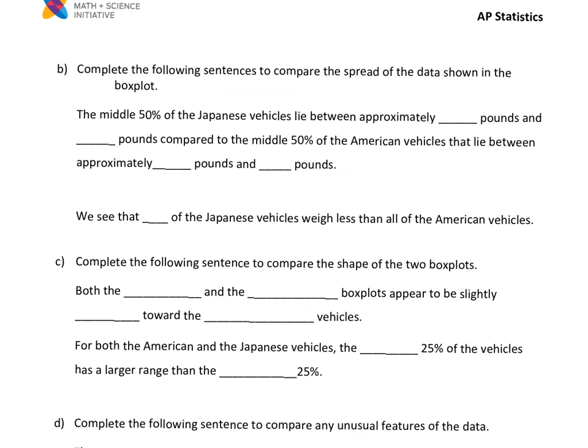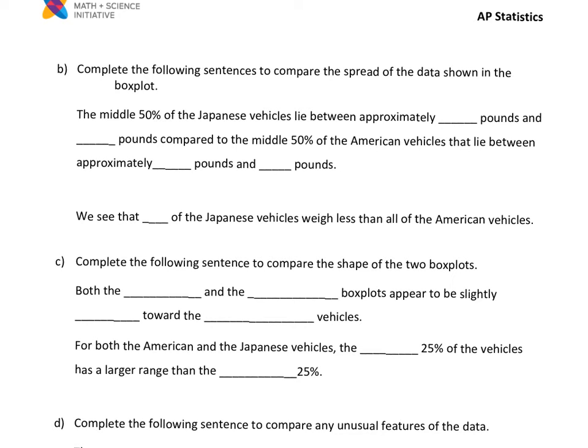Hopefully you're still looking at your box plots. We are again going to complete the sentences to compare the spread of the data shown in our box plot. The middle 50% of the Japanese vehicles lie between approximately, I'm going to look for the start of where the box is.